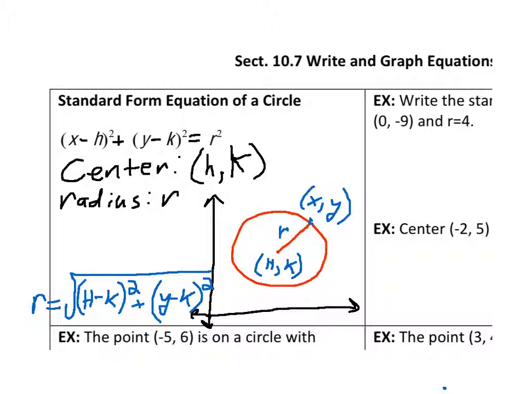Okay, can you see that all right? Okay, good. If we look at this equation up here, all we've done is take the square root of both sides, and that gives us r. You guys see that? Does that make sense?